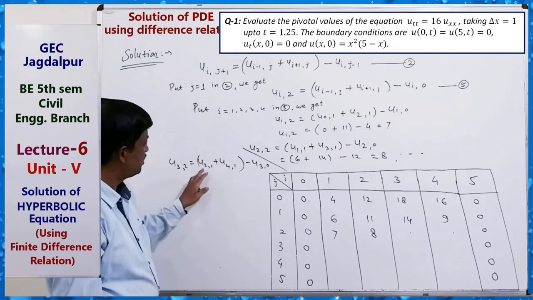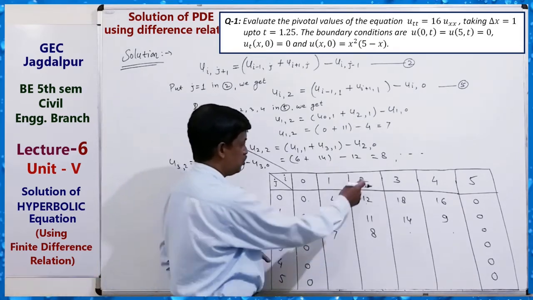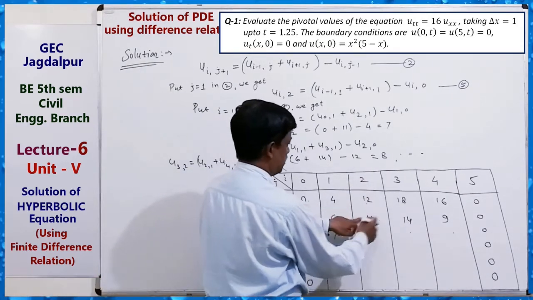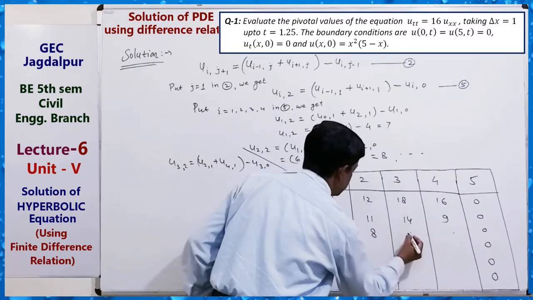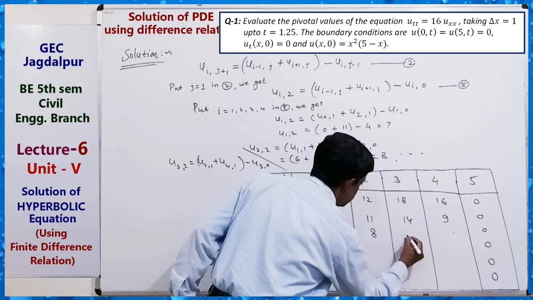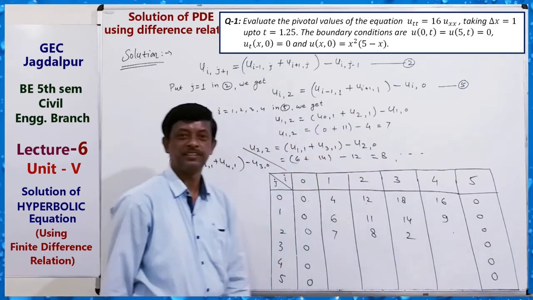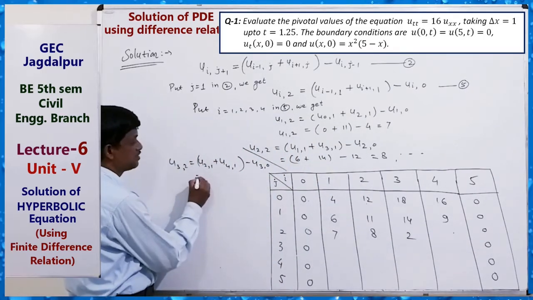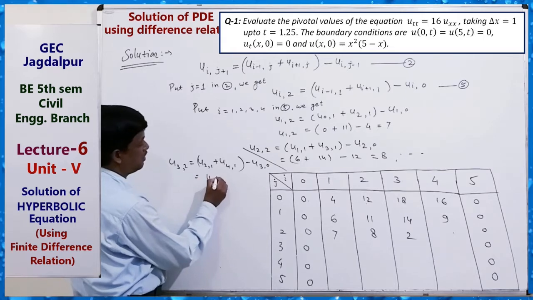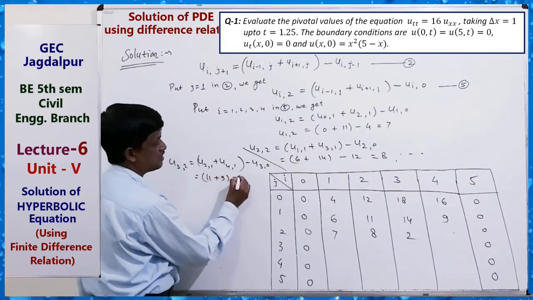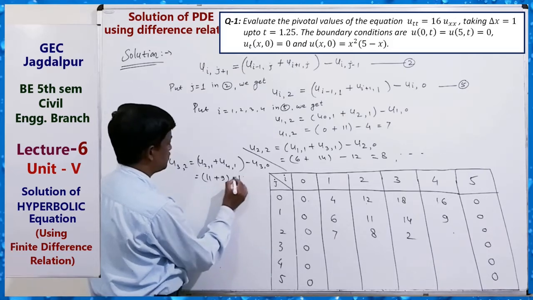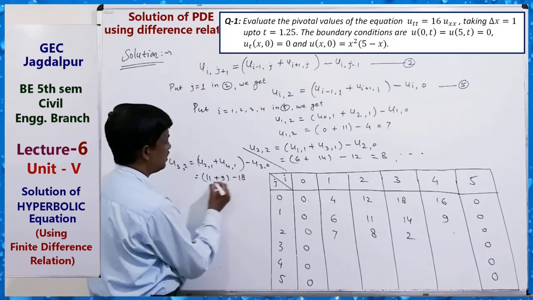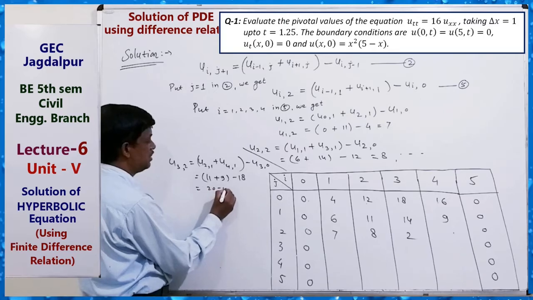So very simple. u21 is 11, u41 is 9, 11 plus 9 minus 18 equals to 20 minus 18 equals to 2.